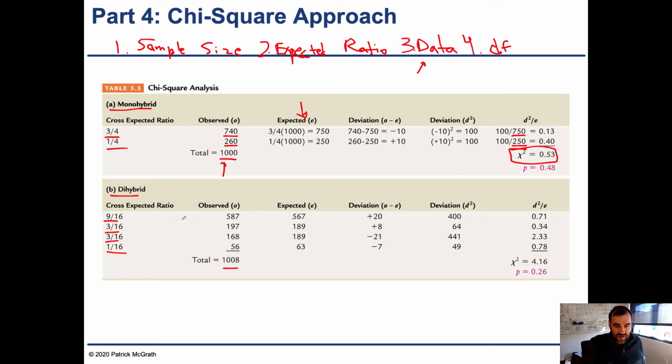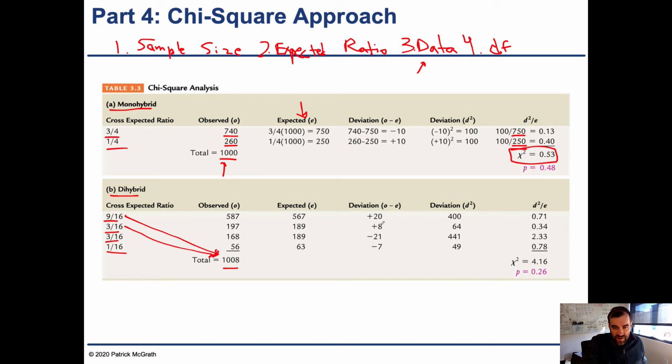Again, we can do this for the dihybrid cross. These are the observed data, which add up to 1,008. Our expected is 9/16 times 1,008. So this times this number times this number is equal to 567. This times this equals 189. And so these are our expected categories.